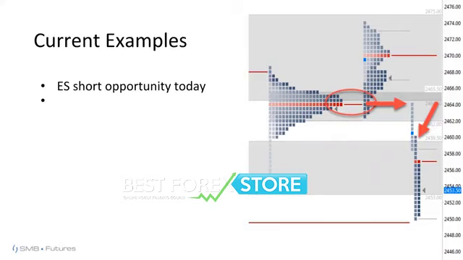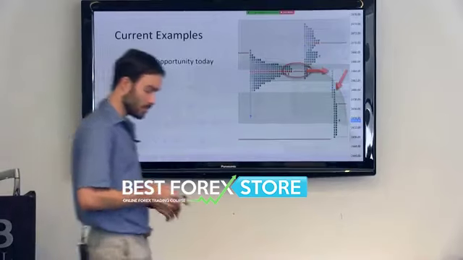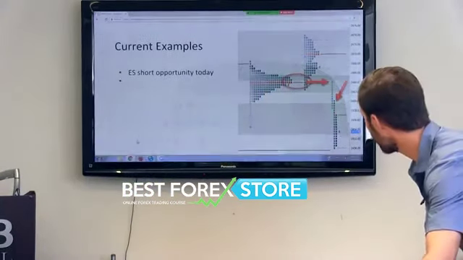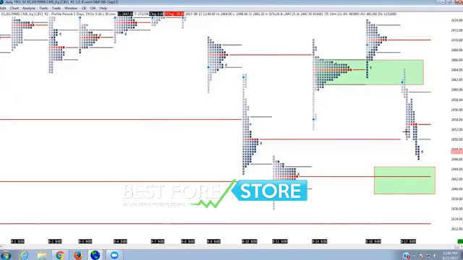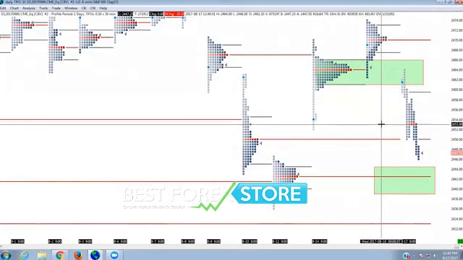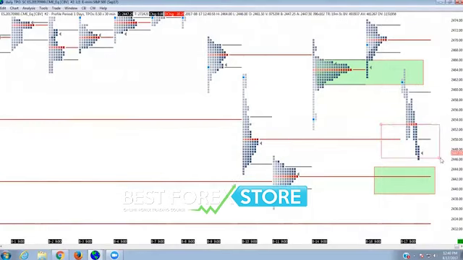So we then start to get rotational in this area, and if we could pull up the chart of what we currently look like, right there. So this is the recent short that Boris took. Right here.